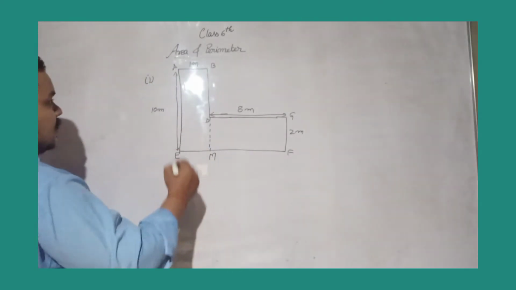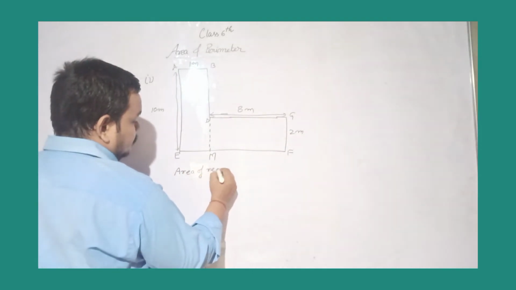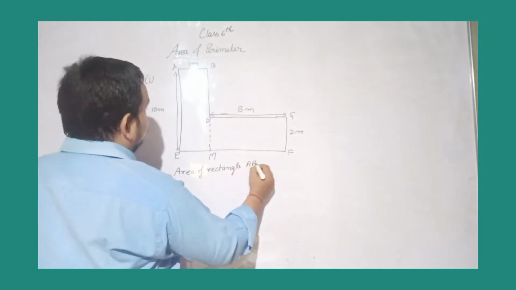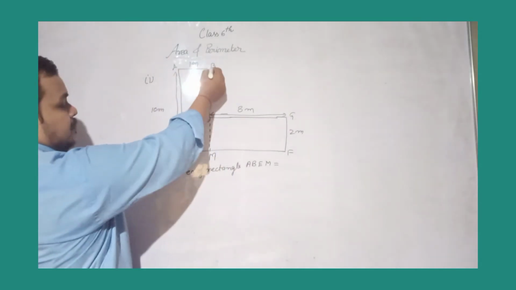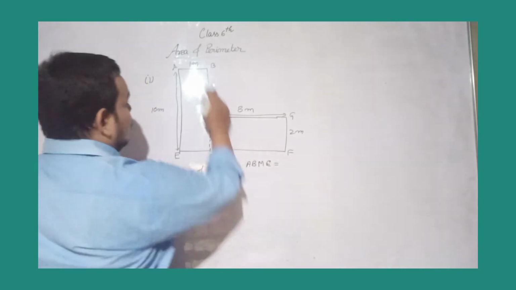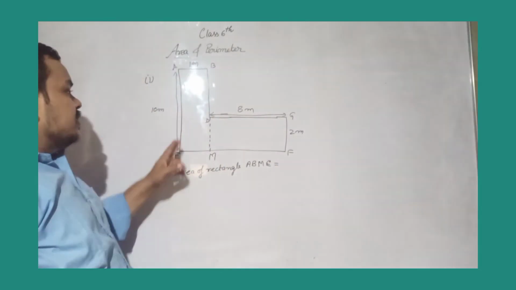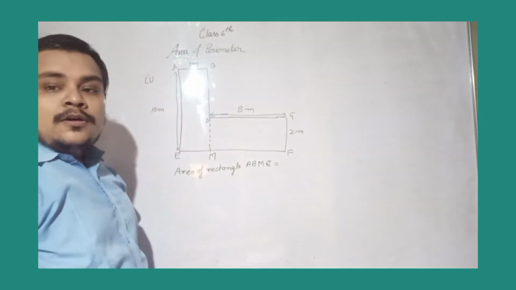Now, area of rectangle ABME. As it has clearly been given, AE is the length and AB is the width.